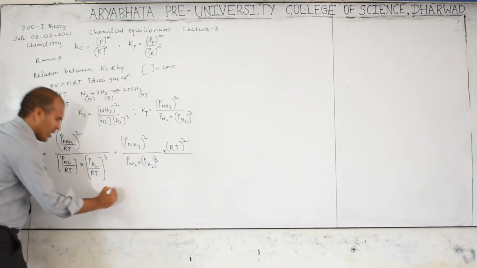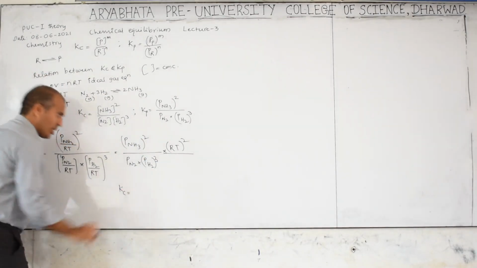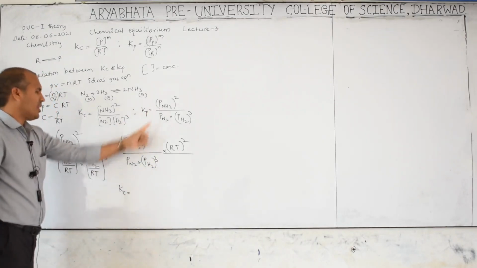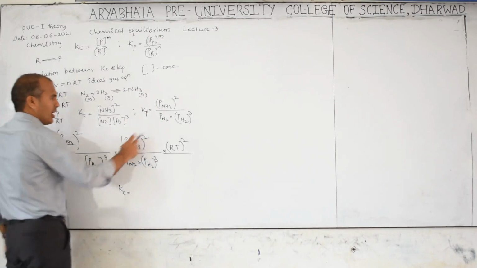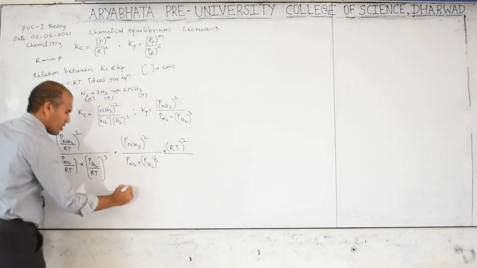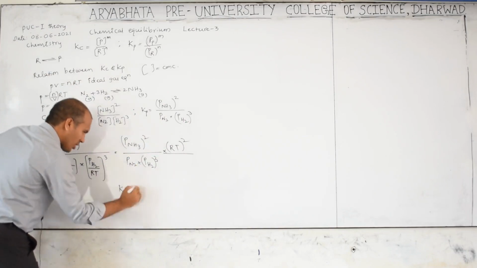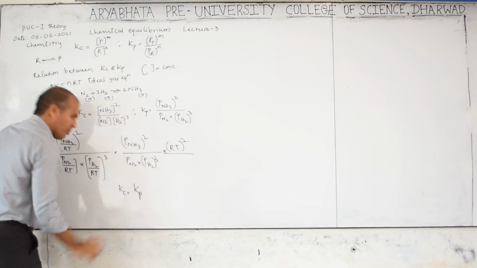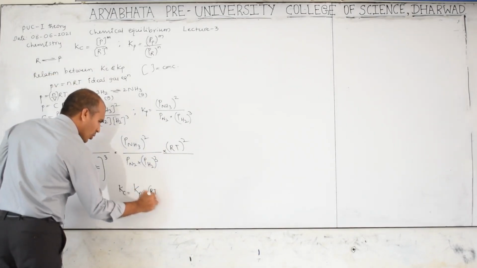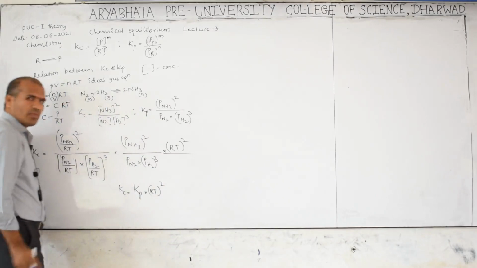Now keep in mind this is Kc only, and observe this representation is the same as PNH3 whole power 2 over PN2 and PH2 whole power 3. In place of this I want to write Kp, and this is RT whole power 2.